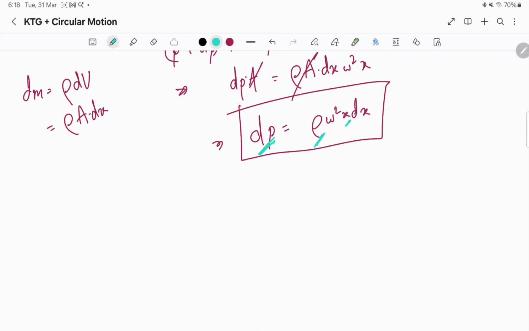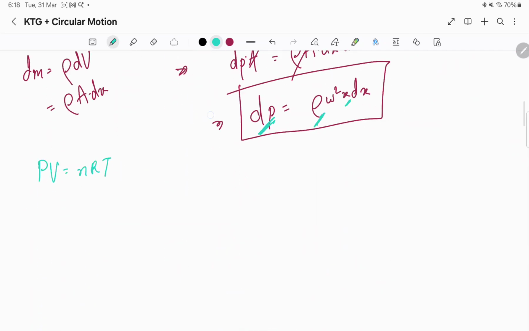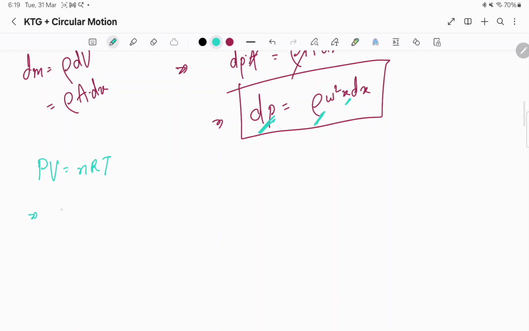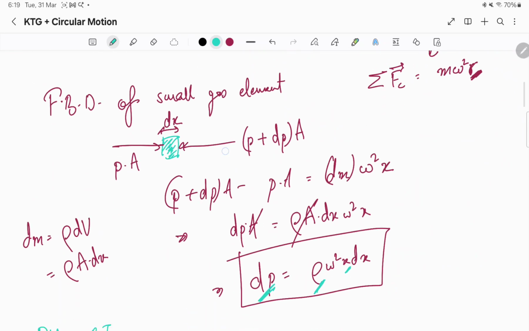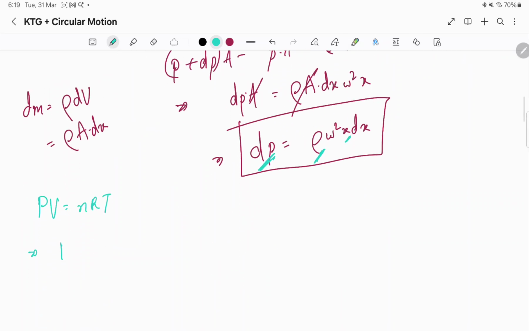So now we have to somehow establish a relationship between pressure and density, and we can use the ideal gas equation for that. We know PV is equal to nRT. For this small section of gas, P into dV is equal to n, where n is the mass of the gas dm divided by molecular mass, into RT.